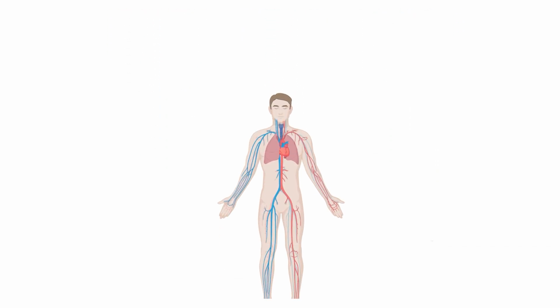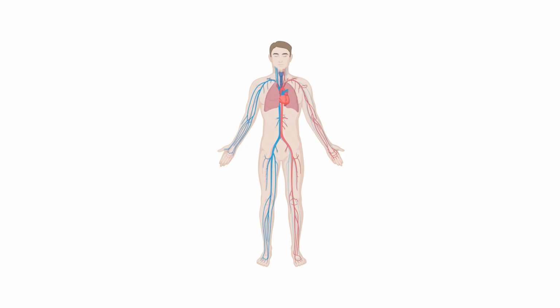Another example of something that needs to be controlled by homeostasis is the amount of gases like oxygen and carbon dioxide in your blood. If the levels of these respiratory gases start getting too high or too low, your body can adjust its respiratory rate, meaning the rate at which you inhale and exhale, to compensate for that.